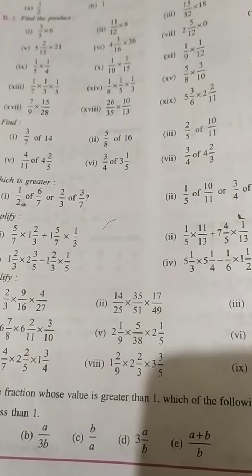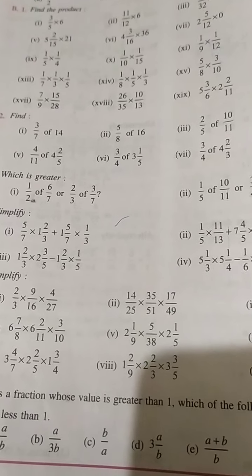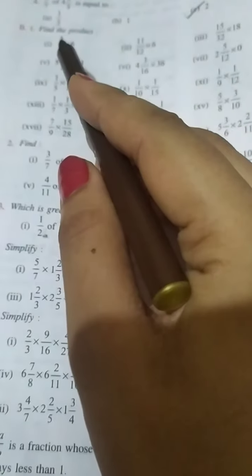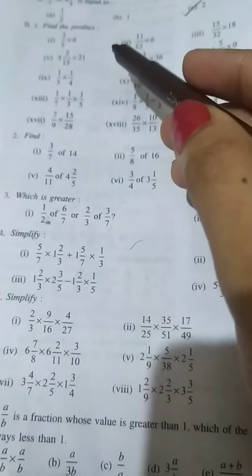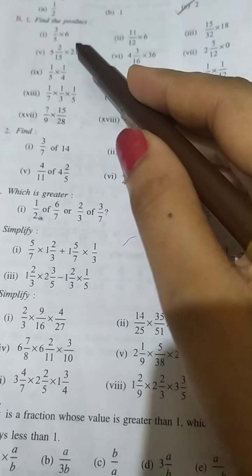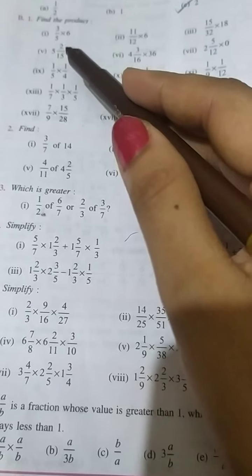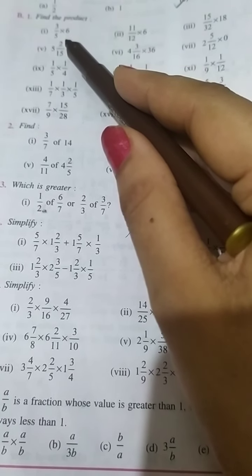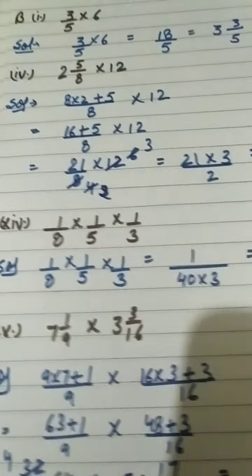So now in this video we will take your book exercises. Let us take from exercise 2.2 first part, 3 upon 5 multiply 6. If you have to multiply this, what will you do?